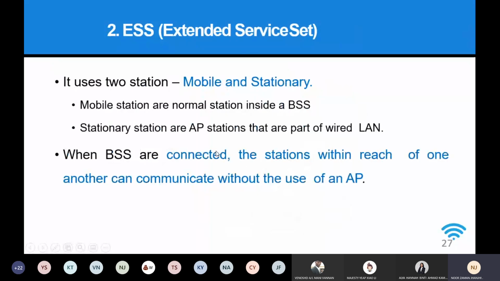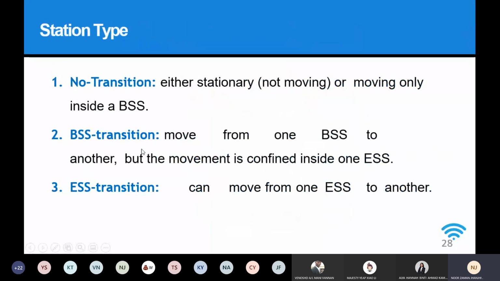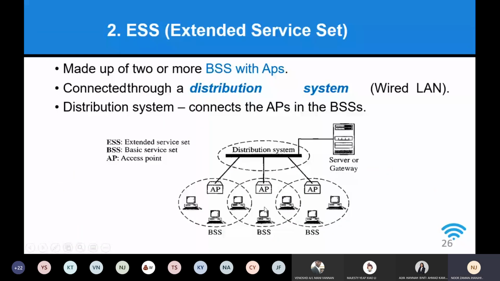This is known as the BSS transition. ESS transition can move from one ESS to another, so now we are moving from this ESS to another ESS to another ESS.